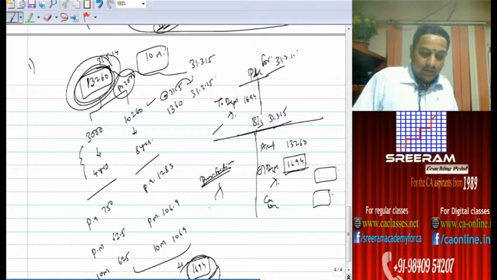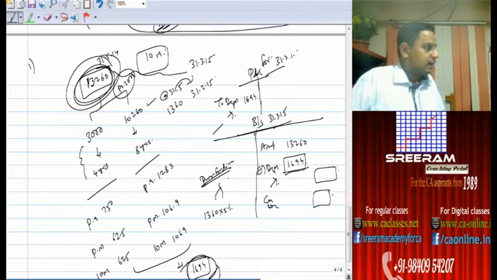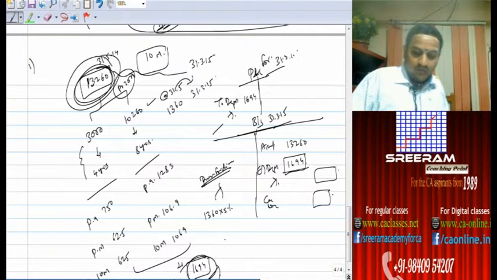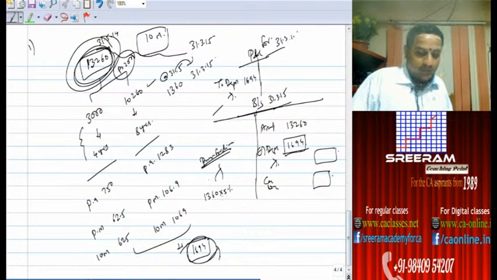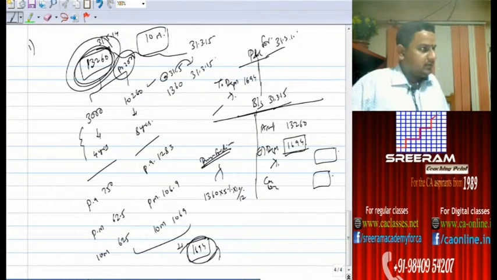So how we can arrive at that unwinding of discount would mean this 1360 into 5%, the rate per annum. In reverse working, we took 1 divided by 1 plus R. But for future value, we can take 1 plus R. But this will give per annum, and we need only for 10 months.